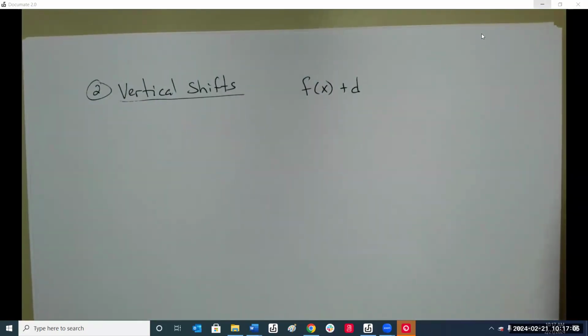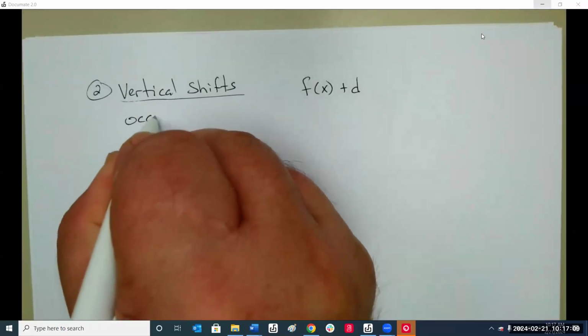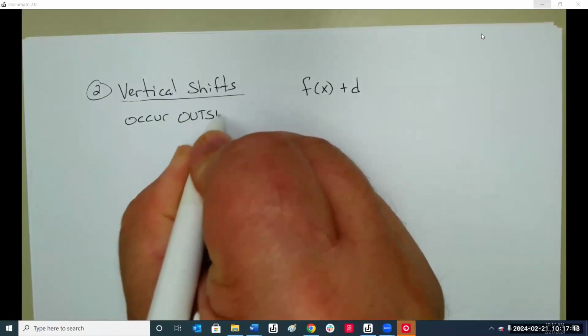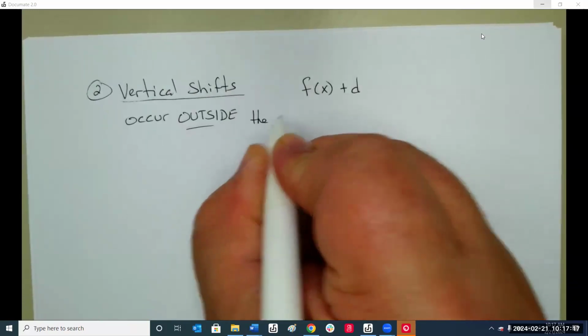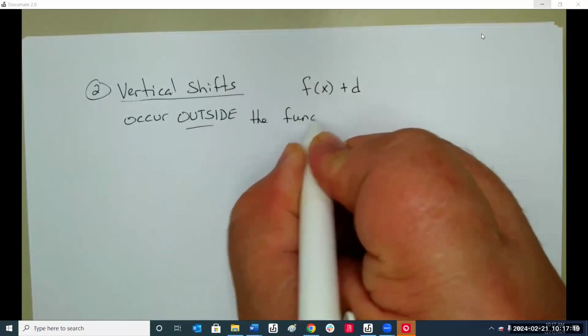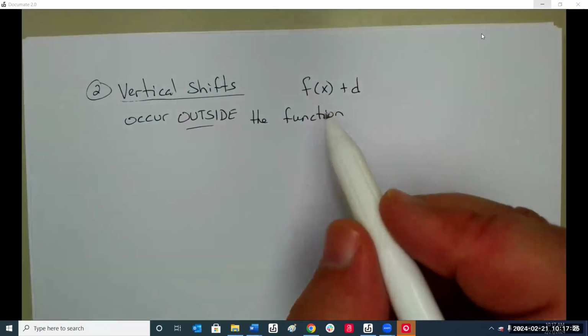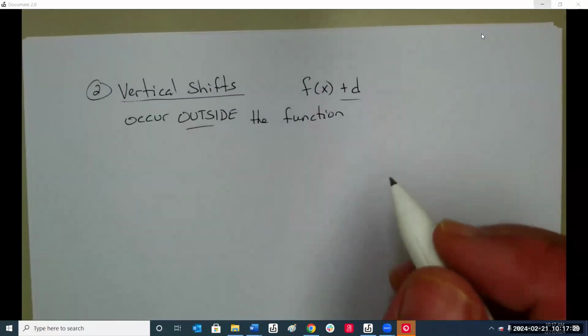Vertical shifts occur outside the function. In other words, you have to pick an x value, plug it in there, whatever your answer is, then you do the vertical shift.